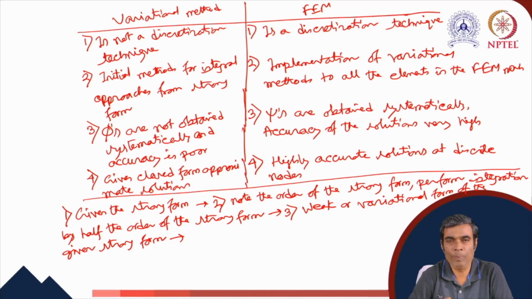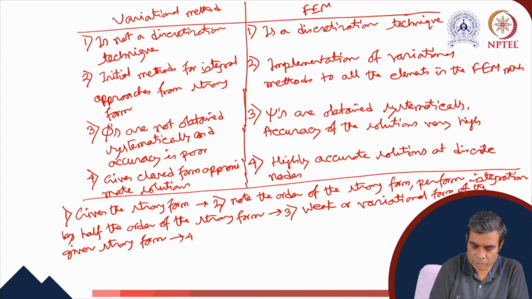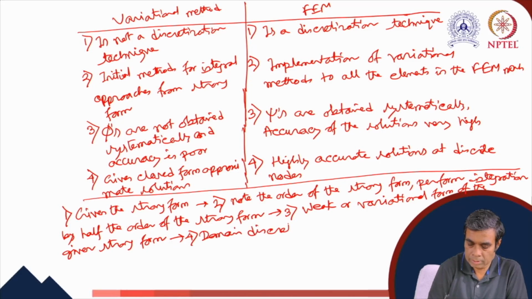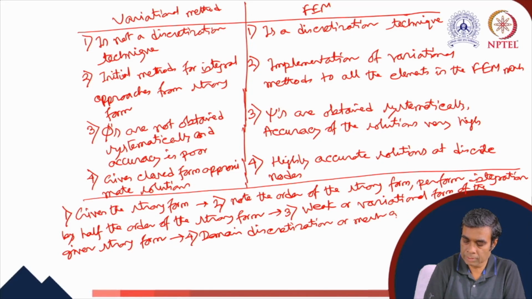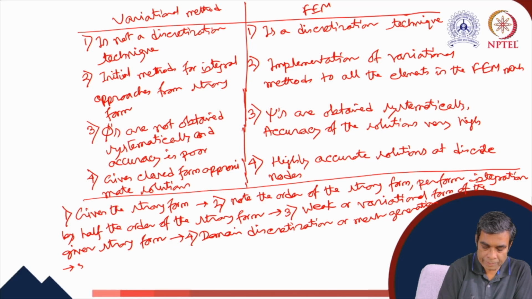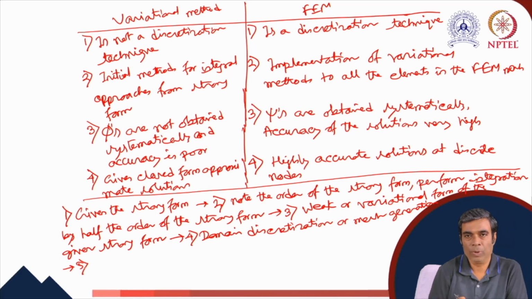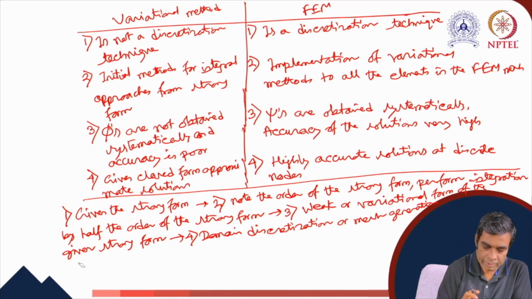Now we have to implement the discretization technique. First we do the domain discretization. That is the fourth step, domain discretization, or mesh generation. When you generate the mesh, at that time we construct certain arrays, along with the aid of the IEN or connectivity array.